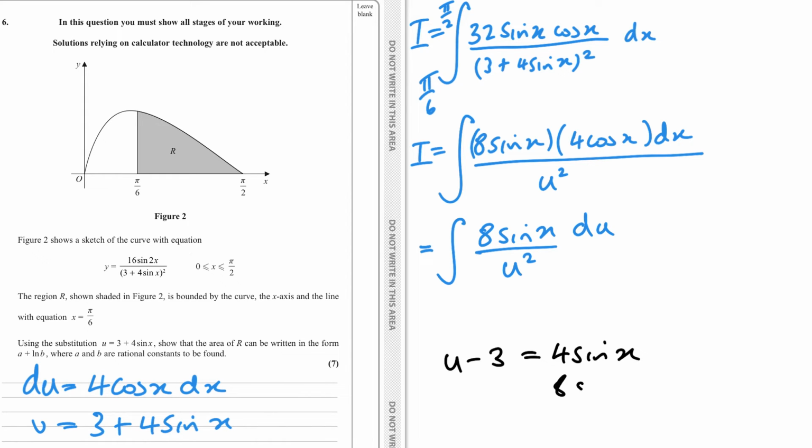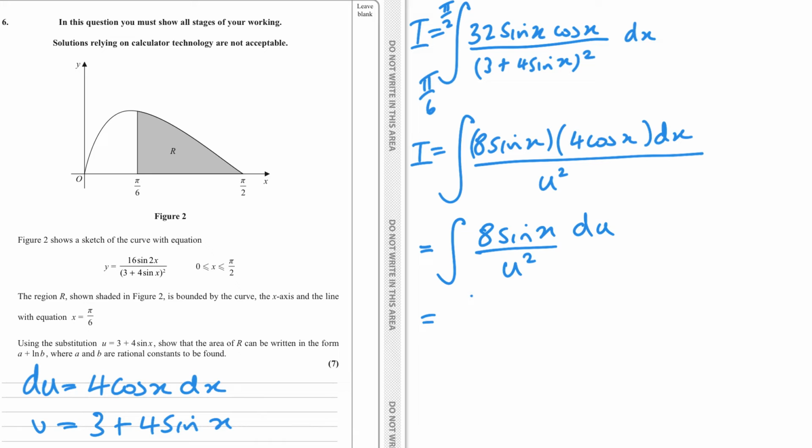So that would mean that 8 sine x is going to be 2u minus 6. Or it could be written as 2 times (u minus 3). Doesn't really matter there. So that is what I'm going to be substituting into my integral.